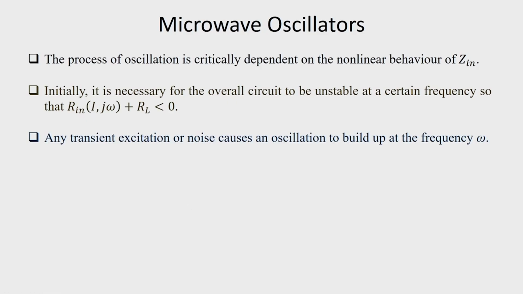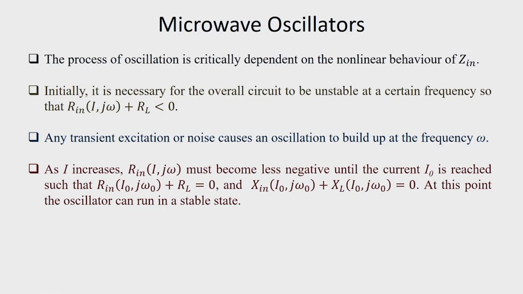Any transient excitation or noise, this is how the start of oscillation is usually described, causes an oscillation to build up at the frequency omega.